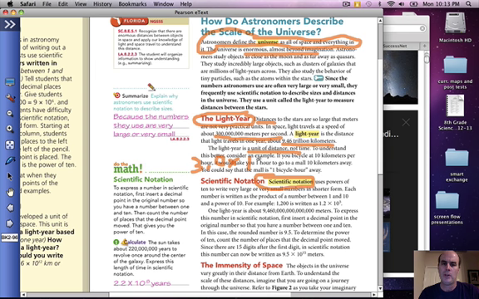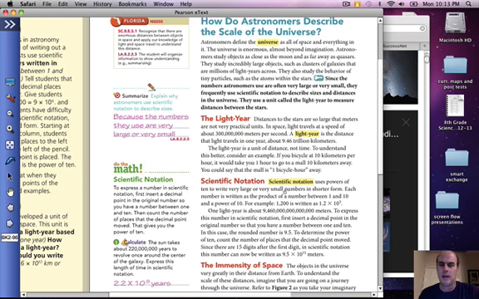Then you count the decimal places from the zeros, so that'd be 1, 2, 3, 4, 5, 6, 7, 8. So light moves at a speed of 3.0 times 10 to the 8 meters per second. And that's how you do scientific notation.